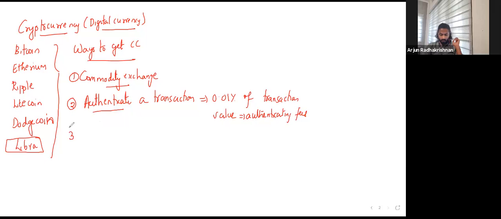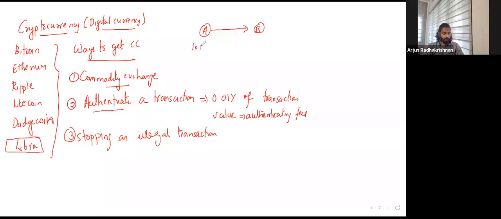All right. Third is stopping an illegal transaction. What is an illegal transaction? Suppose A wants to transfer Bitcoins to B. A has only 10 Bitcoins with him, but he is trying to transfer 15 Bitcoins. It is an illegal transaction.